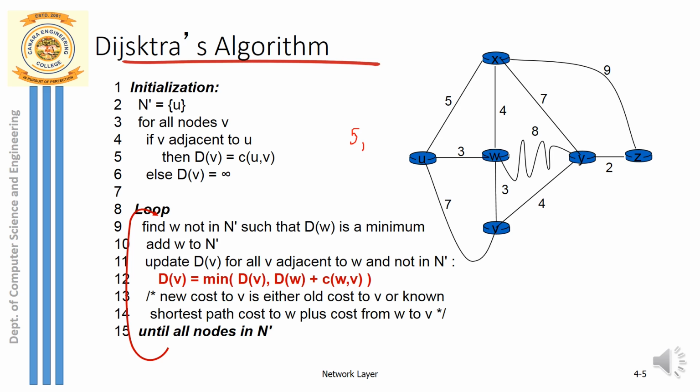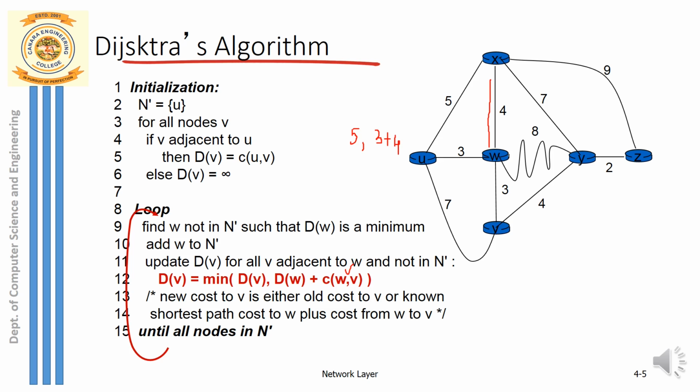That is from u to w. That distance also I had calculated in step 0, and that is 3, which you need to add to the cost from w to v. Here v is the node x. So w to x, the cost is how much? 4.